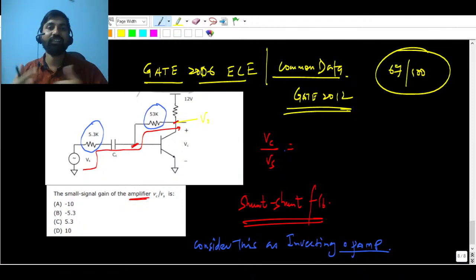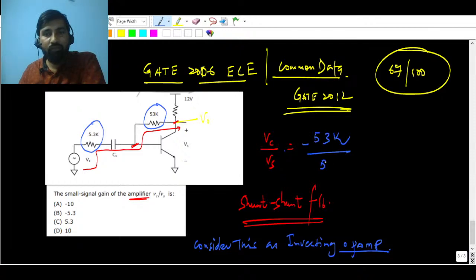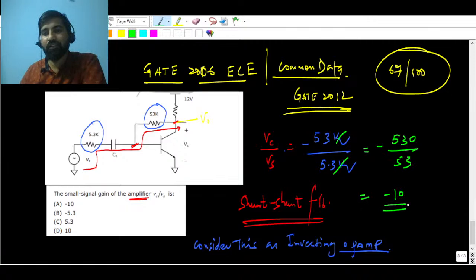The gain of the op amp is quite high, so the overall gain is going to be minus R2 by R1, or you can say minus 53k upon 5.3k. The k and k cancel, and this will be minus 10.